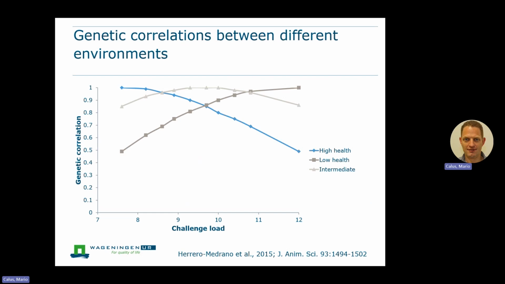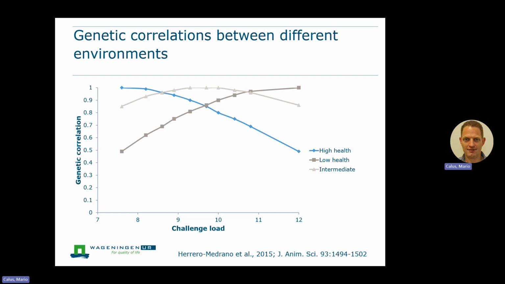So then, if you have this full variance covariance matrix, one of the things you can do is actually compute the genetic correlation between different environments. Here there's a study where on the x-axis there's challenge load for a particular disease or health status. So the idea is if the load is lower, there's a higher health status, right?